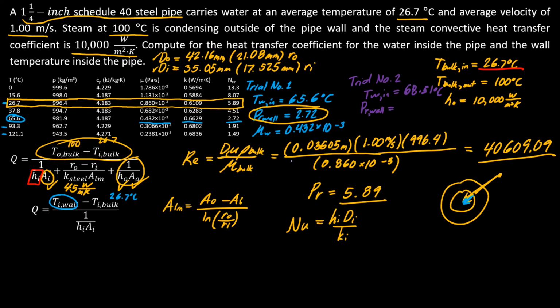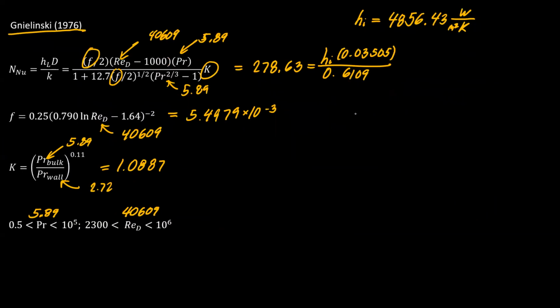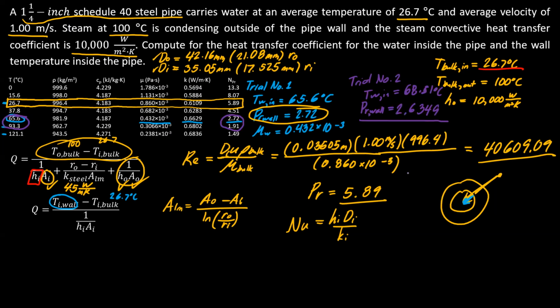So I'm going to interpolate for that using 68.51. So just look at the table. It should be in between here. You do interpolation here using the 2-point formula. Okay. So 2.6349. This is the new Prandtl's number.